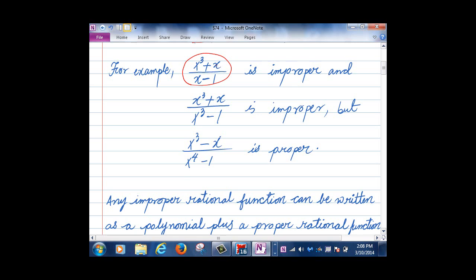The degree of the denominator is 1. So it is an improper fraction. The second one, the degree of the numerator is 3, the degree of the denominator is 3 as well, equal. Still, it's improper. The last one, the degree of the numerator is 3, the degree of the denominator is 4. So it's going to be a proper fraction. Everybody understands the difference between a proper and an improper fraction?